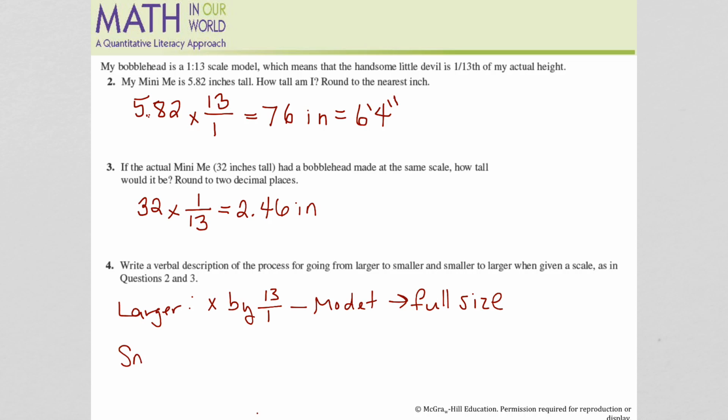If we're getting smaller, going from full size to the model, make sure that's an L this time, we're going to multiply by 1 over 13 because we're getting smaller.